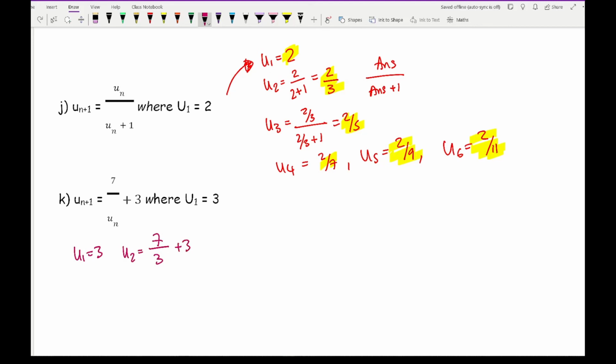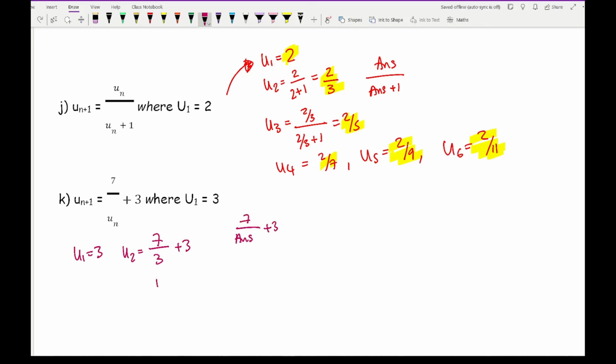And then just typing that into your calculator, but again, using the ANS function. So 3 equals, and then for this, we're going to have 7 over ANS plus 3. How I'm entering this on the calculator is 7 over ANS plus 3, and then pressing equals.